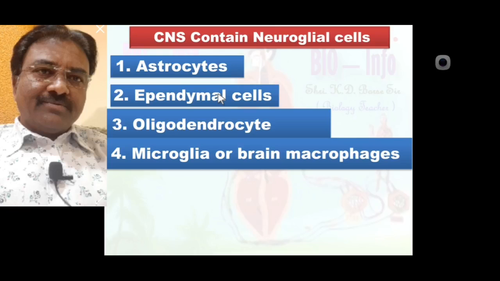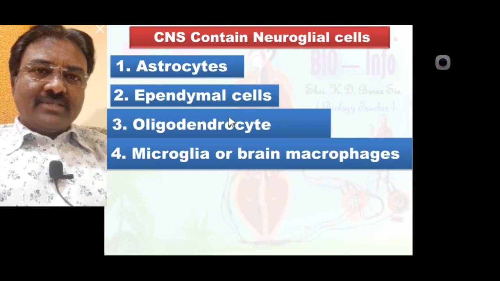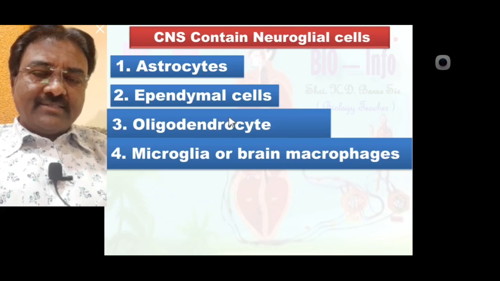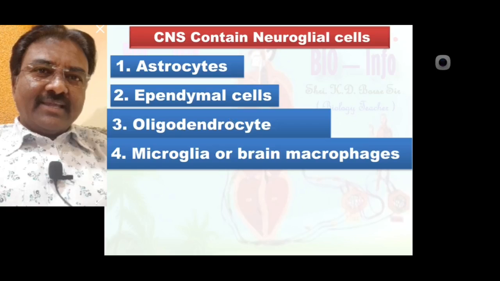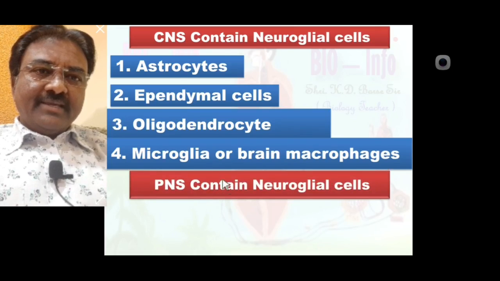Always remember these 4 different types of neuroglial cells present in CNS are mostly for support to the CNS nerve cells. They also remove debris in CNS nerve tissue and provide insulating covering to the CNS nerve cells. Now, what about the PNS? Means which neuroglial cells does the peripheral nervous system contain?